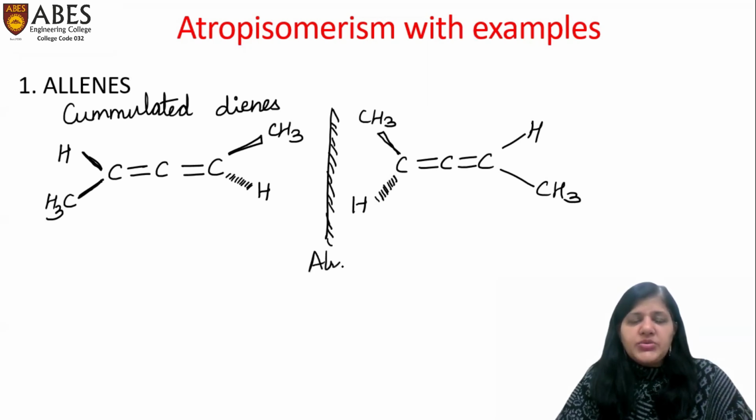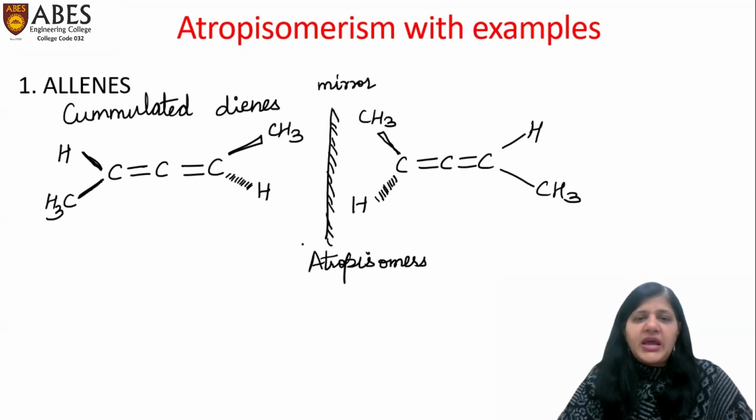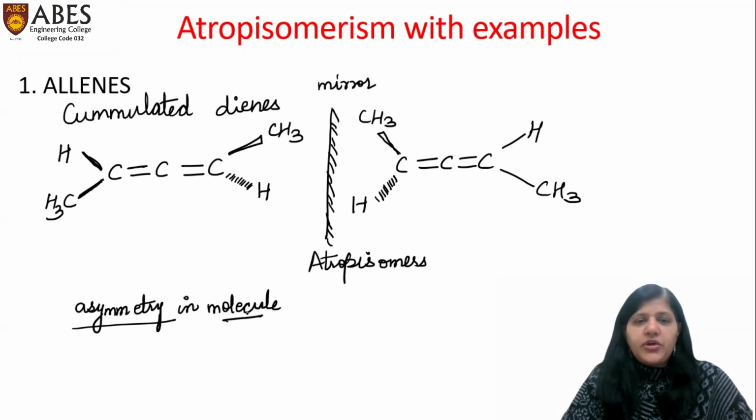These enantiomers are known as atropisomers, and this happens due to the complete asymmetry in the molecule. So, asymmetry is the necessary condition to show the optical activity phenomenon, not the chirality.